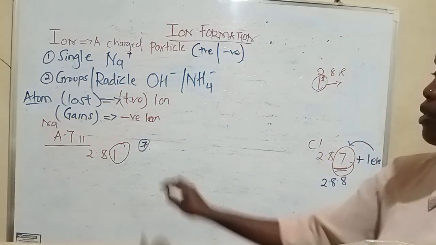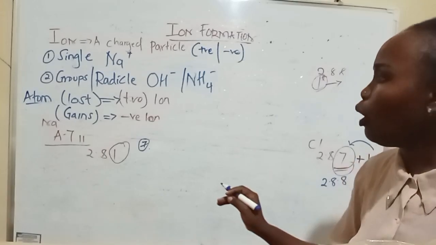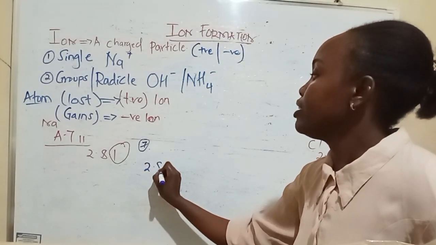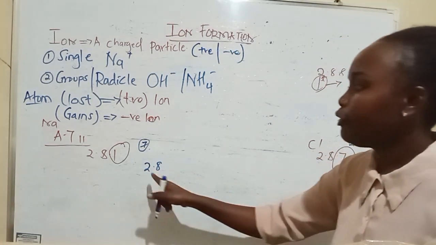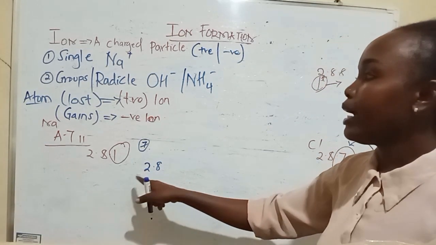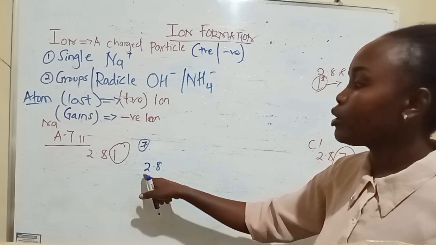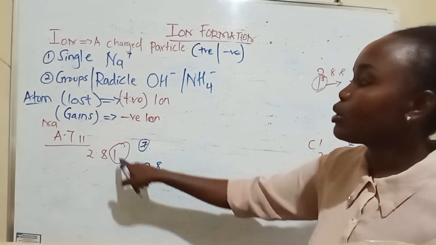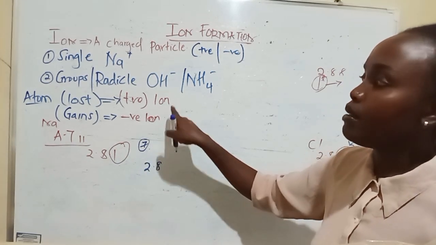So the atomic structure of your sodium ion is going to have two energy levels, with the electron configuration of 2:8. And because we have lost one electron, the charge is going to be positive.